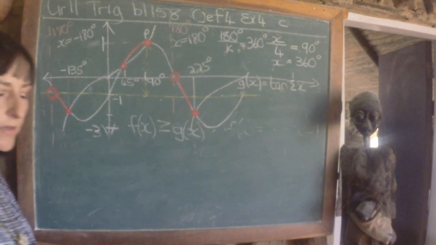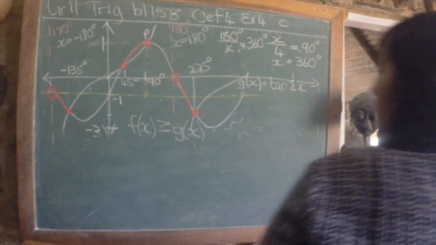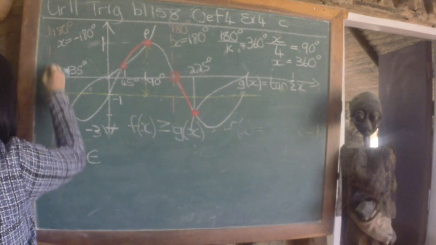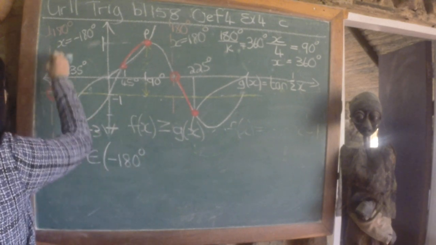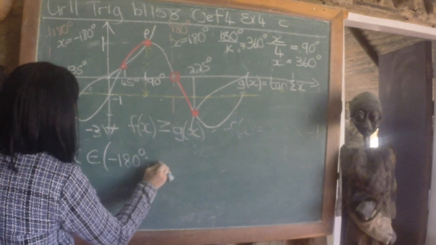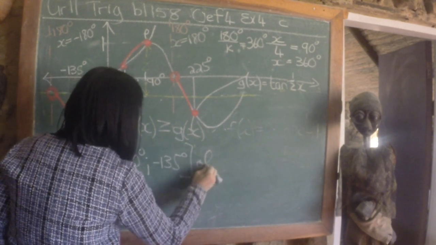So kom ons gaan skryf hierdie x-waardes neer, baie maklik. Let's write down that x values. Wat 'n x-waardes is dit? Dit is waar x minus 180 is 'n oop hakkie, want by die asymptoot is dan ons nie gedefinieer nie. En dan gaan hy tot presies op minus 135 grade, sluit jou vierkantige hakkie.